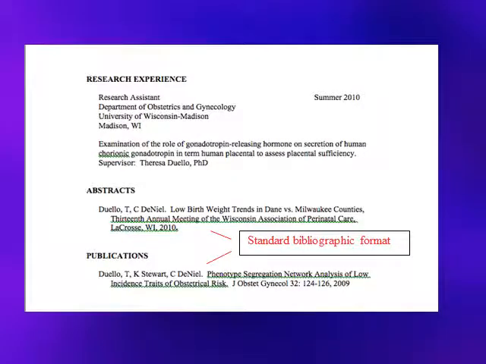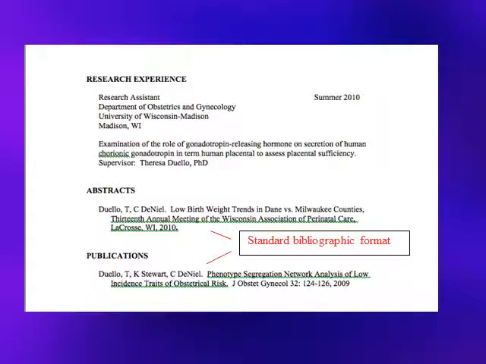If you've conducted research and have submitted an abstract for a presentation, those presentations are listed here under abstracts, and we have publications as well. I can't tell you how often students will have presentations. They have a title, they don't have the authors, they don't have where it was presented or when.